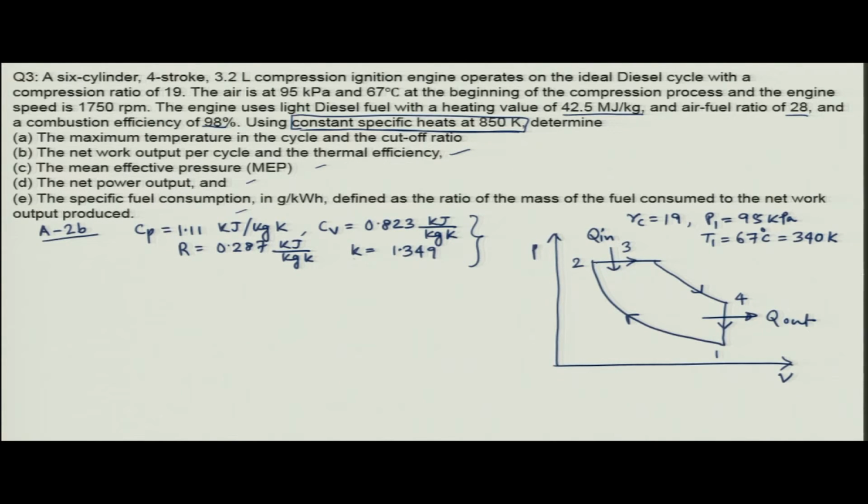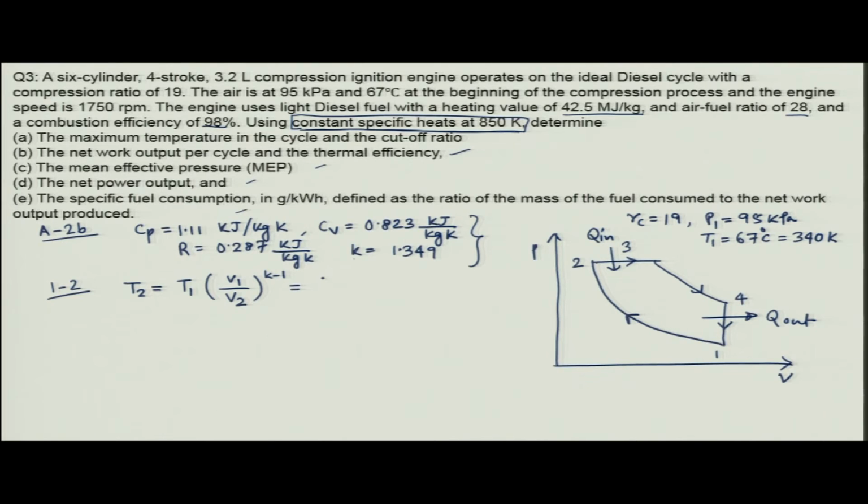So, now I will look into the process 1 to 2, which is an isentropic compression process, and in this process we can find what is T2, the temperature after the compression stroke. So, T2 will be T1 multiplied by V1 by V2 to the power of K minus 1. Okay.